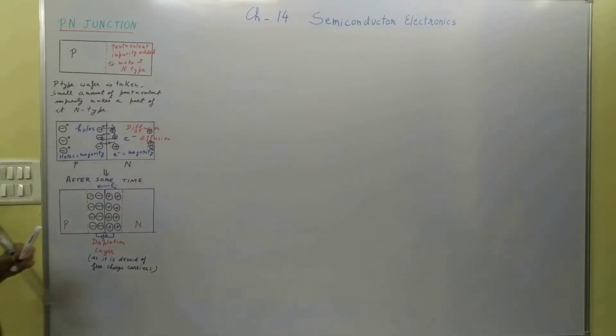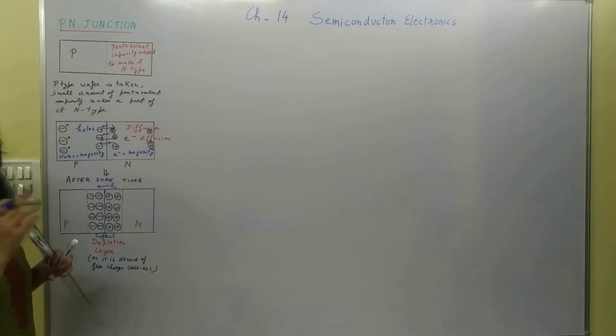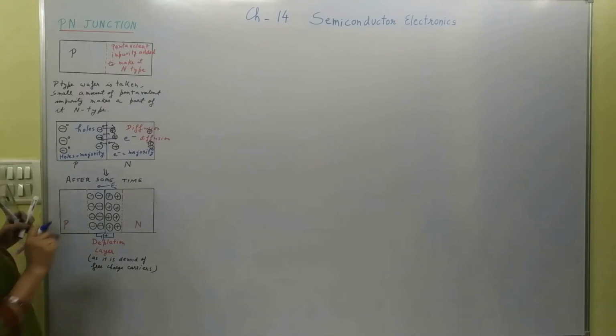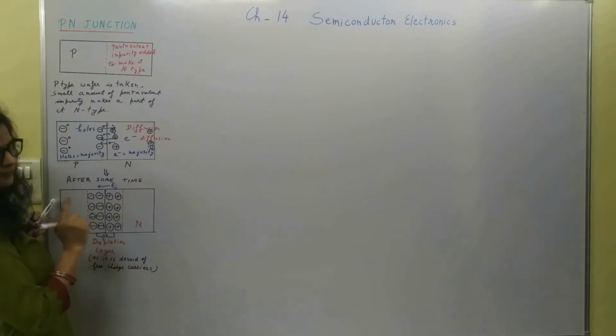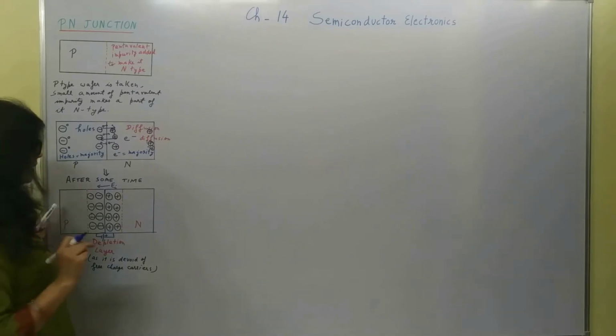Now what will this electric field do? We know that under the action of an electric field, the positive charges move in the direction of the electric field and the negative charges move opposite to the direction of the electric field. In this case, on the n side we have electrons as majority carriers, but there are holes also, right?